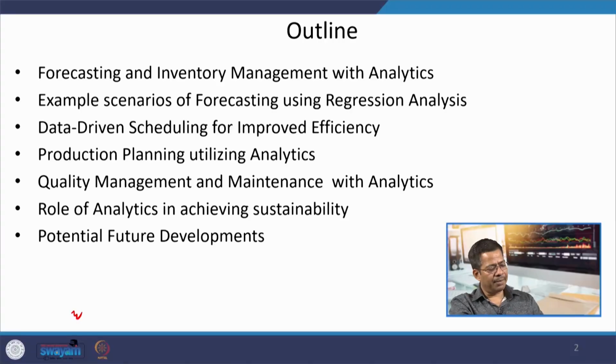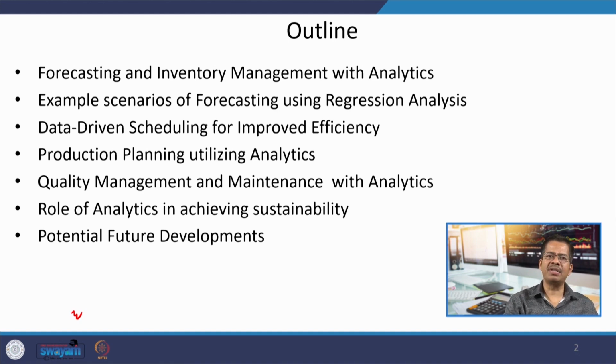And this is the second session in that introductory series of this course, where we are going to talk of various applications of operations analytics. When I say applications of operations analytics, we will be talking about various areas in operations management where analytics will be used, and we will be talking of these areas in this course in much detail.